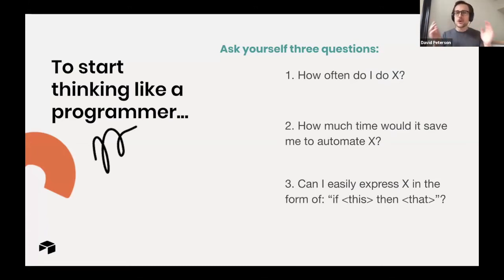And just having those questions in your head, if the answer is often, it would save me a lot of time, and yes, then not only could you, you absolutely should automate it. And I think even by the end of this session, you'll already have the confidence and tools to start doing it. It is that simple. It doesn't take days, weeks, months to get comfortable here. These are dead simple products that you can just jump into.